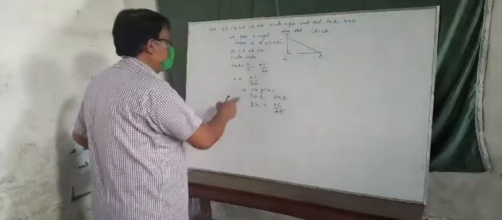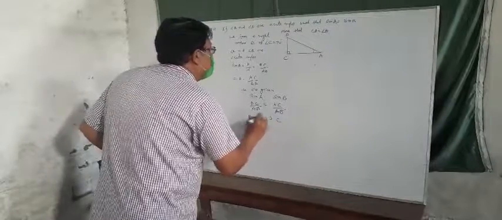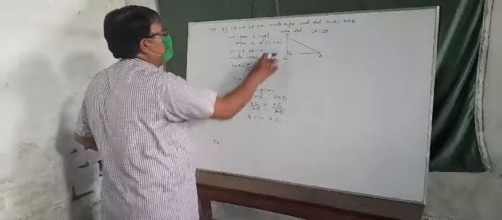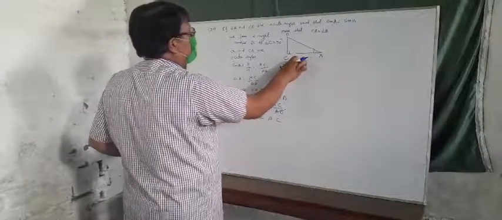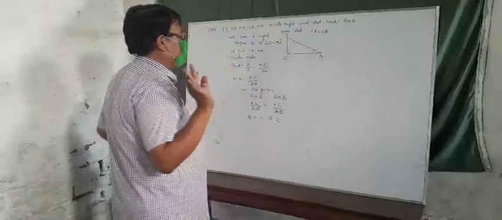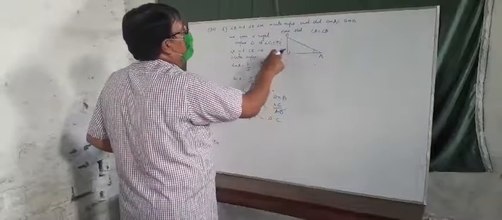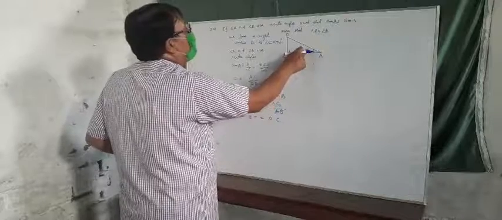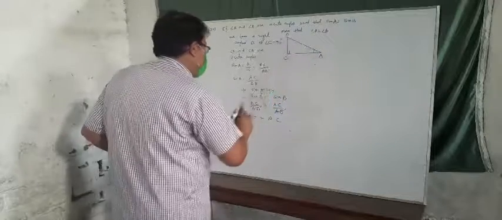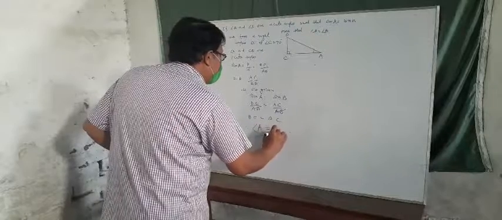AB cancels out, so BC is equal to AC. The sides BC and AC are equal, so this will be an isosceles triangle. Since BC and AC are equal, angle A will be equal to angle B.